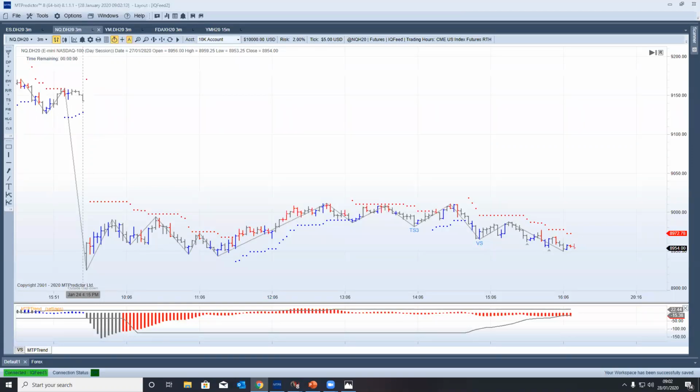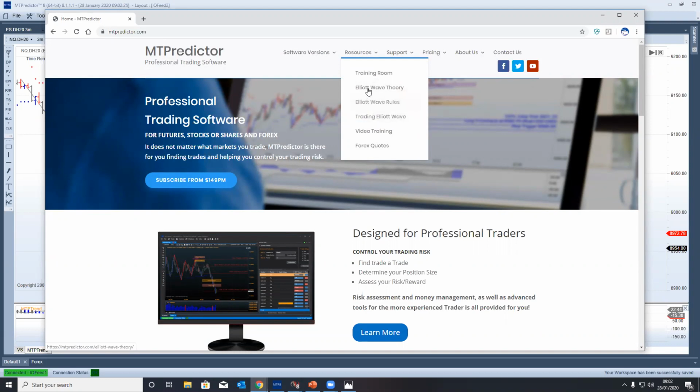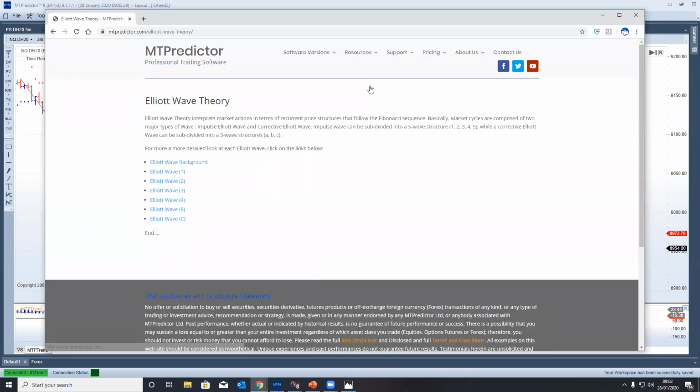If we look at our MTPredictor website, I'll just pull that onto the screen there. If you go to the resources tab, you can see there's three sections here. There's Elliott wave theory. So this is a bit of research if you want to do it in your own time as well.